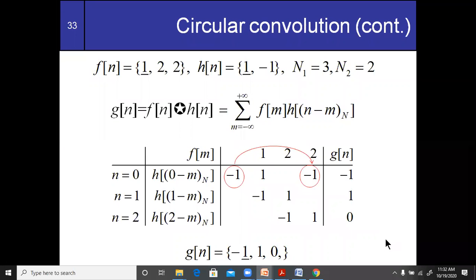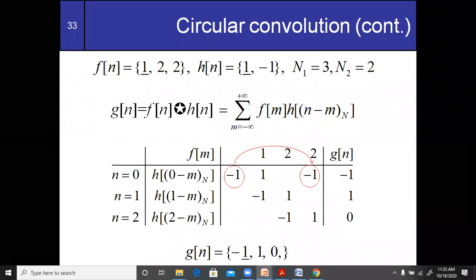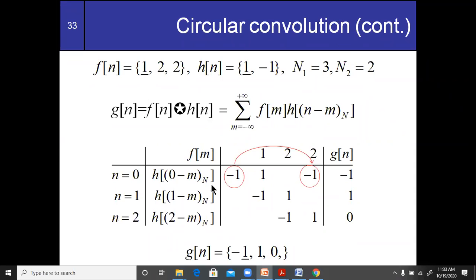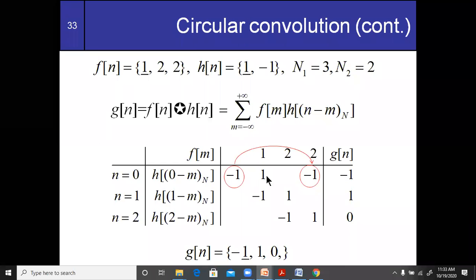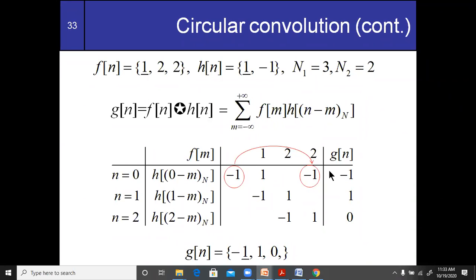So for circular convolution, this one minus 1 is going to go to this position. This value is going to go to this position, because this is the quantity corresponding to minus 1. So minus 1 should go to 2, because the value of n is equal to 3 now. The corresponding circular shift will correspond to this being shifted to this position. Now if you want to multiply this with this, the corresponding values should be multiplied and added to get this.